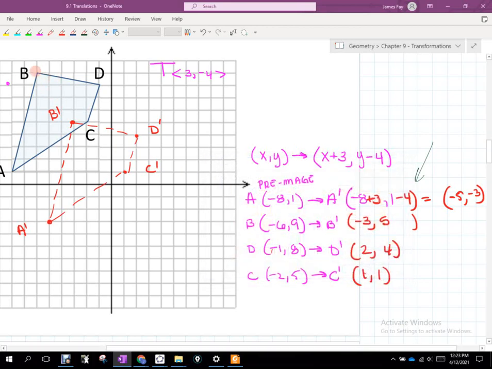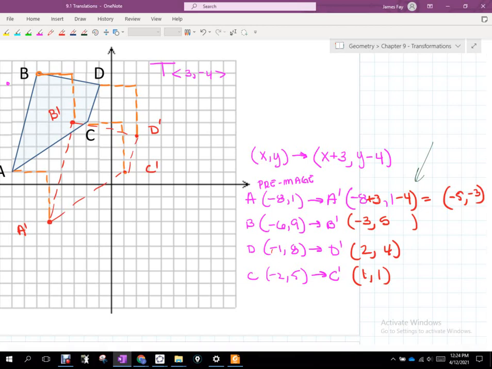But if I take B and move it to the right 3, and then down 4. Take D, right 3, and then down 4. Same thing for A, right 3, down 4. Same thing for C, right 3 and down 4. And we can get those points that way. Does that make sense?